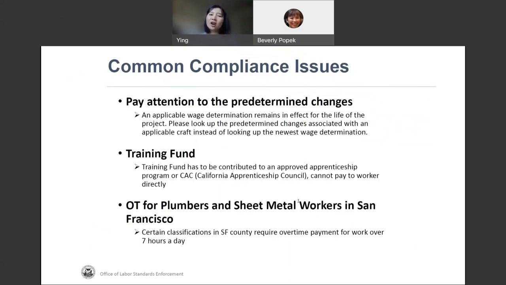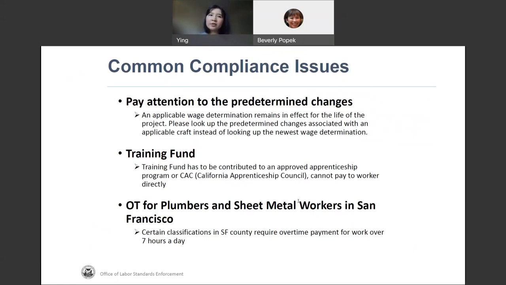And for training fund, we got a lot of non-signatory contractors paying training funds directly to their employees. It is actually a violation. Training fund has to be contributed to an approved apprenticeship program or to CAC, California Apprenticeship Council. It cannot be paid to the workers directly.